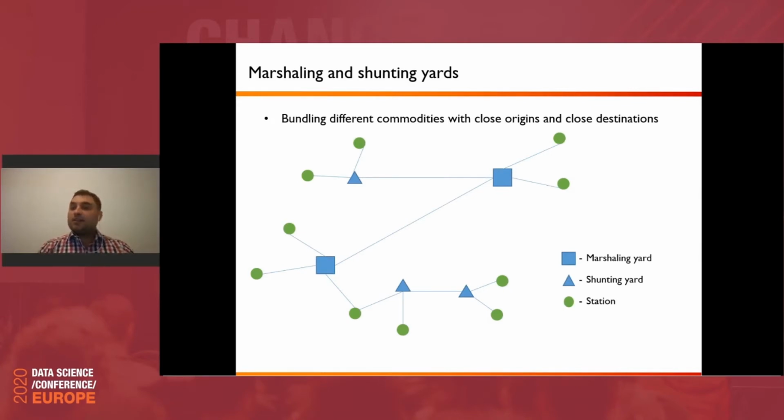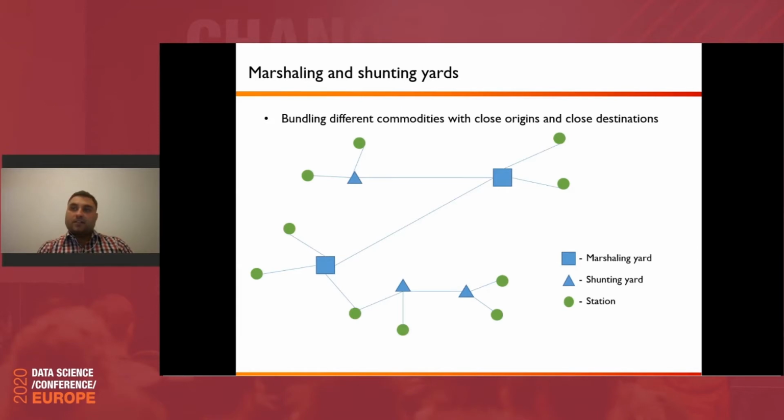Those are the bundling points where the train company assembles commodities which are coming from the close-by origins. They assemble those commodities into single train compositions, which are then transported to a marshalling or shunting yard close to their final destinations.